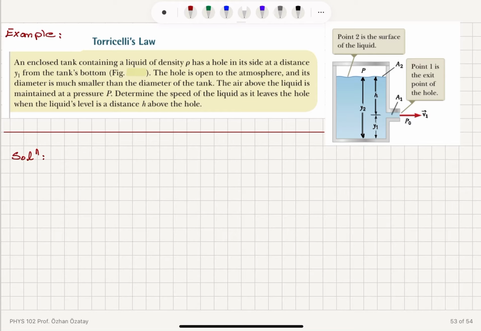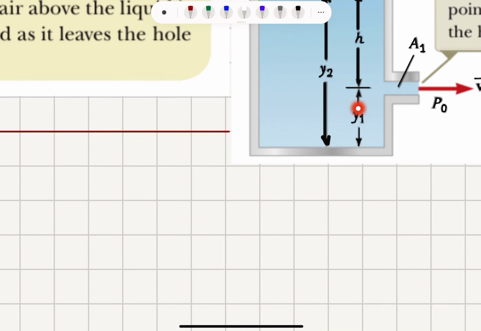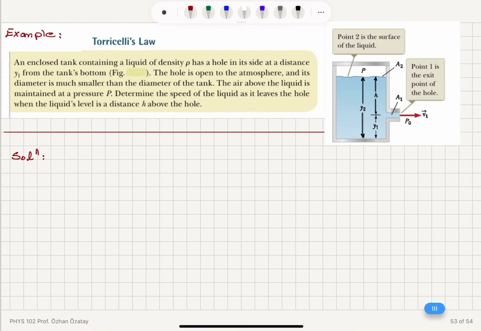Torricelli's law. An enclosed tank containing a liquid of density rho has a hole in its side at a distance y1 from the tank's bottom. The hole is open to atmosphere and its diameter is much smaller than the diameter of the tank.